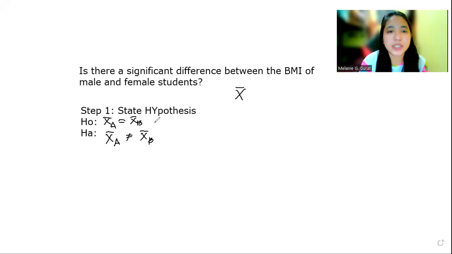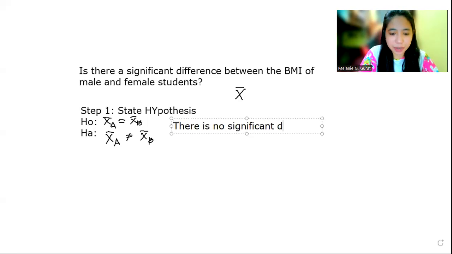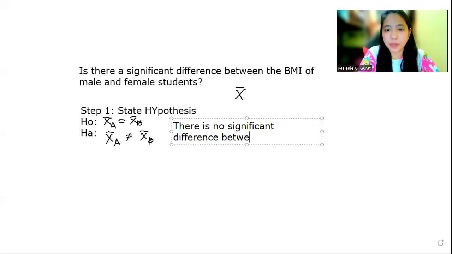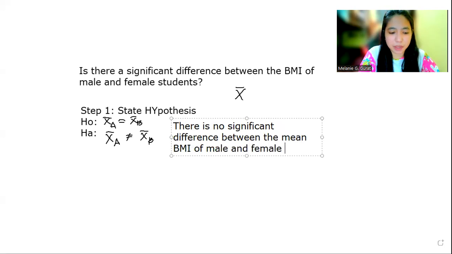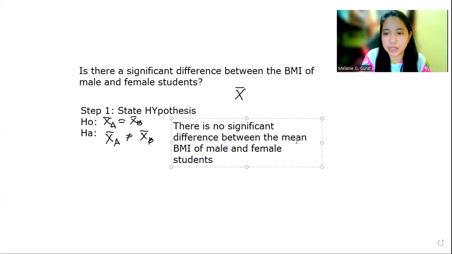Or in other words, we can also state this as there is no significant difference between the average BMI or mean BMI of male and female students.